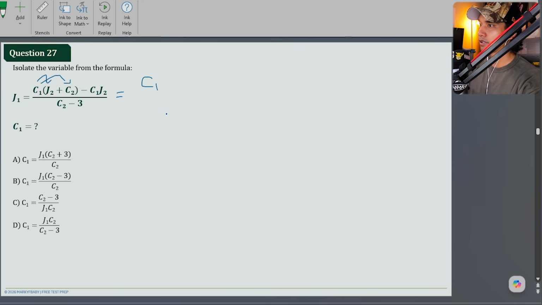However, I think I formatted this wrong as well. But let's go ahead and just go with the motions. C1 J2, and then plus C1 C2, and then minus C1 J2. Oh no, I did not format it wrong.